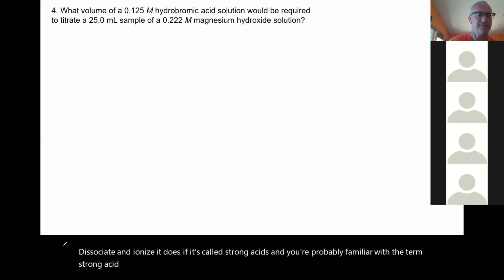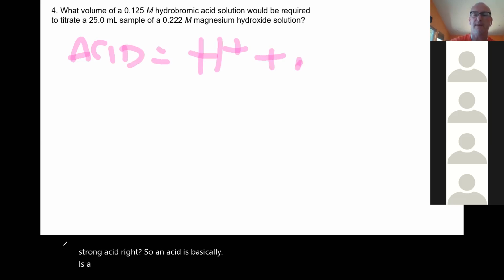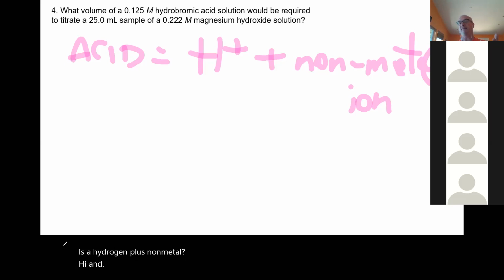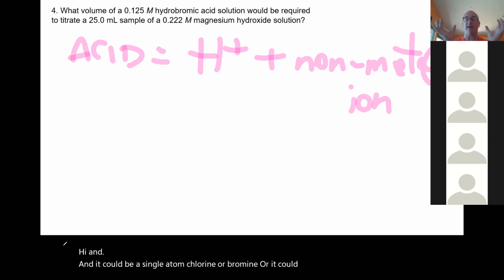So an acid is basically a hydrogen plus a non-metal ion. It could be a single atom like chlorine or bromine, or it could be polyatomic like phosphate or sulfate.